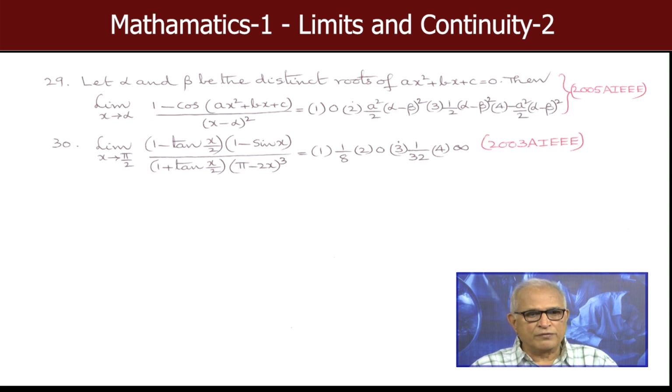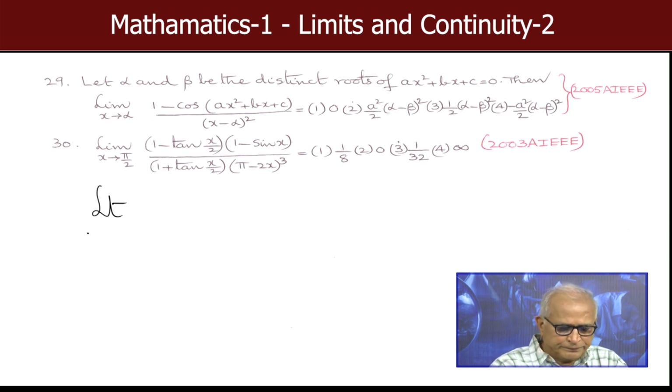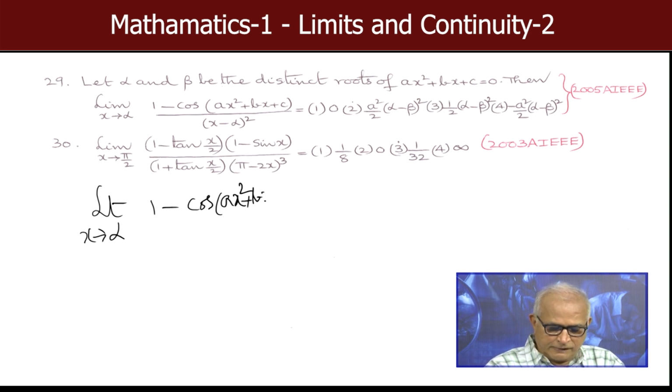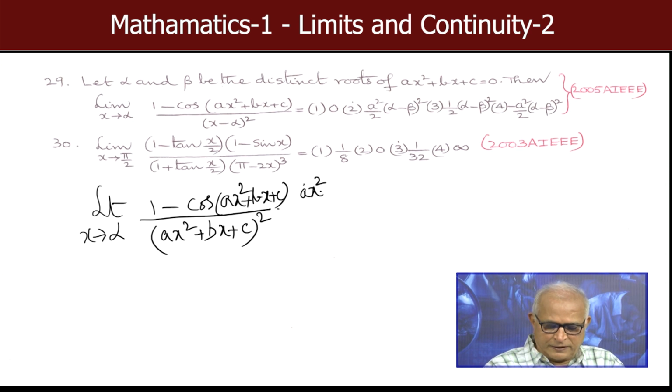The limit of 1 minus cosine of (ax square plus bx plus c) by (x minus alpha) whole square as x tends to alpha. Well, I will write this as (1 minus cos of (ax square plus bx plus c)) by (ax square plus bx plus c) whole square into (ax square plus bx plus c) whole square by (x minus alpha) whole square.